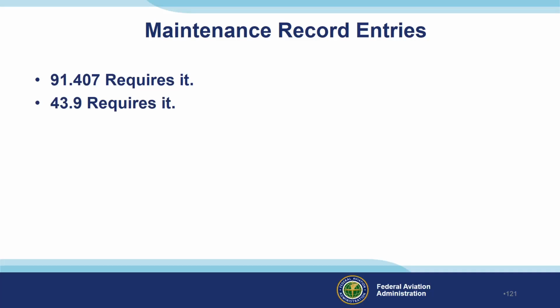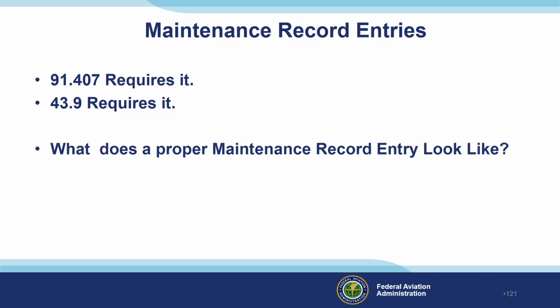So each person who does maintenance must make an entry. What does a proper maintenance record entry look like? Boy, until you've reviewed a lot of different logbooks, which I'm sure you have, as you inspect different aircraft and do your research, I'm sure you've seen some pretty shoddy logbook entries. Don't be one of those people.